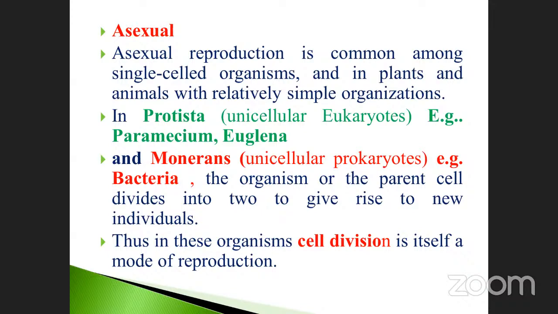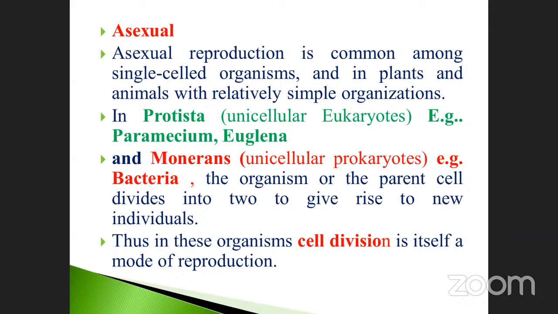The organism or the parent cell divides into two to give rise to a new individual. So you know about bacteria, how it reproduces. There are so many methods. One is called binary fission. The second one is called conjugation, and there is also another method.